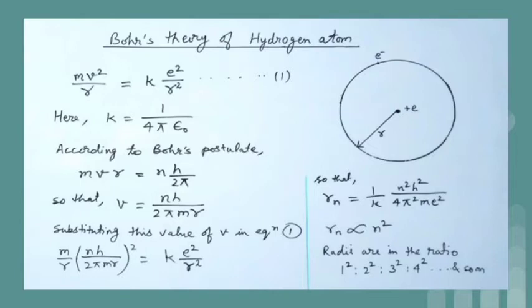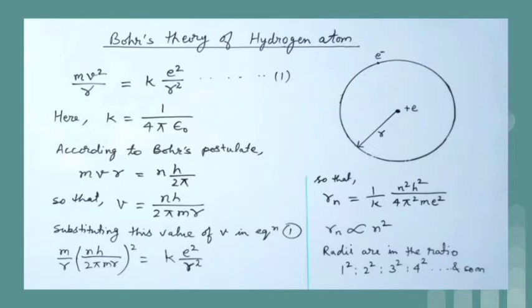Substituting this value of v in equation 1, we get (m/r)(nh/2πmr)² = k e²/r². After cancelling the common terms and rearranging, we get rₙ = (1/k) n²h²/4π²me².